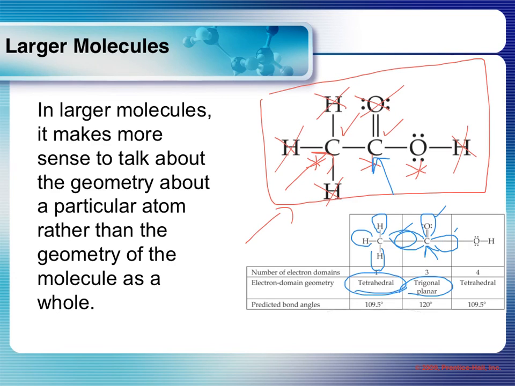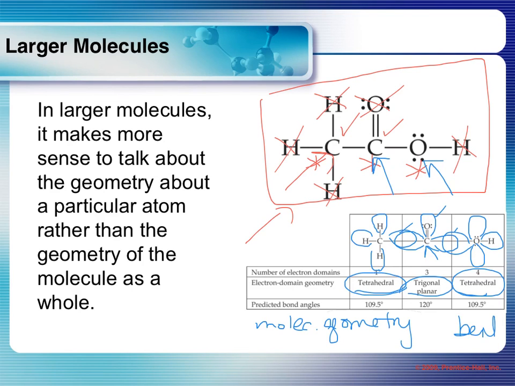And finally, you can talk about the shape around the oxygen. Oxygen has 1, 2, 3, 4 domains. So its electron domain geometry starts as tetrahedral, but since 2 of the electron domains are lone pairs, the molecular geometry of that oxygen is different. It is actually bent.